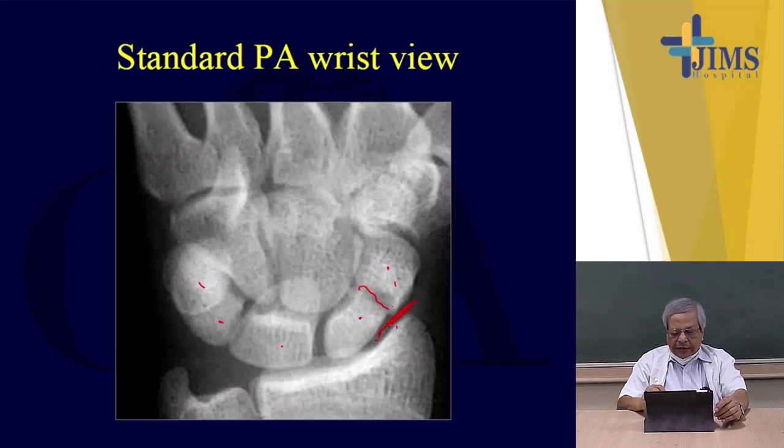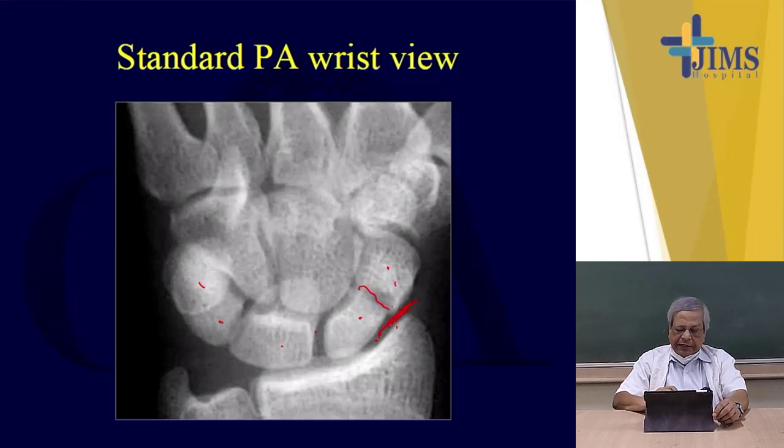So there is normally not that much space. This is basically a potential space. So one may not be lucky enough to get an excellent X-ray view of the fractured scaphoid in the first X-ray.